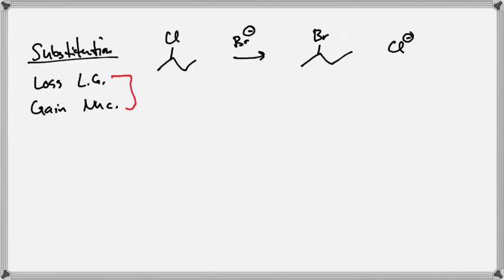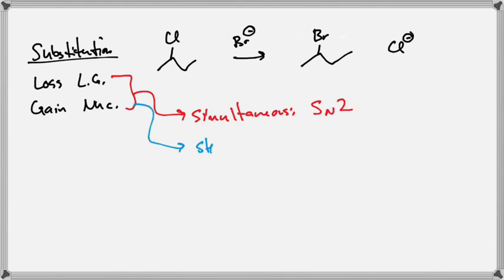If I do those 2 steps at the same time, so simultaneous, there's that word, it's SN2. If I break those down into individual steps and make it stepwise, the collection of the stepwise mechanisms is known as an SN1. Okay?